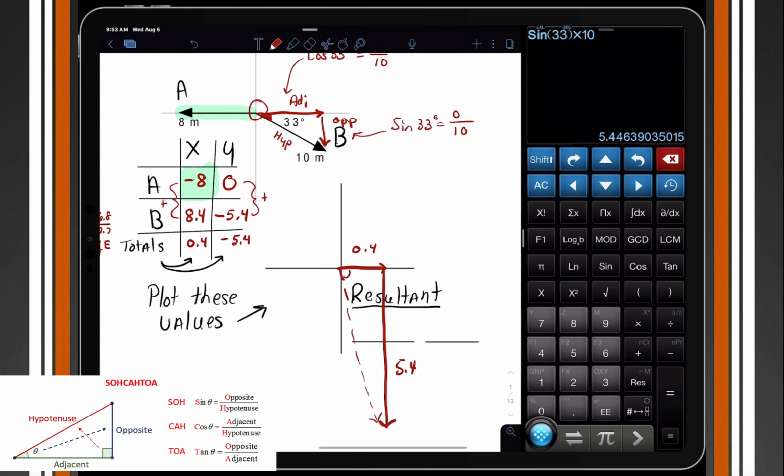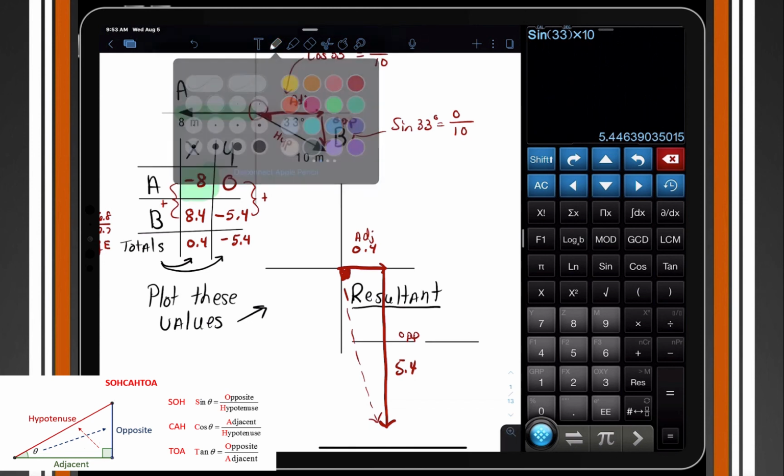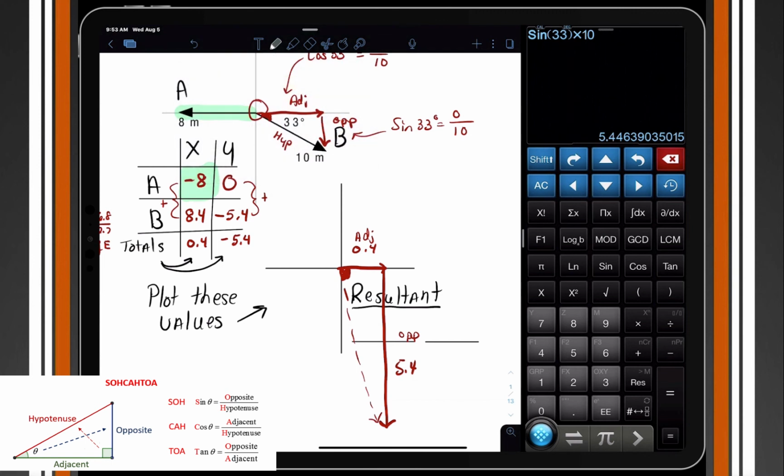All right. My angle is here. I know that this side is going to be the opposite side. This side is the adjacent. All right, let's get our numbers. For the magnitude, you'd have the square root of 0.4 squared plus 5.4 squared. We'll go square root.